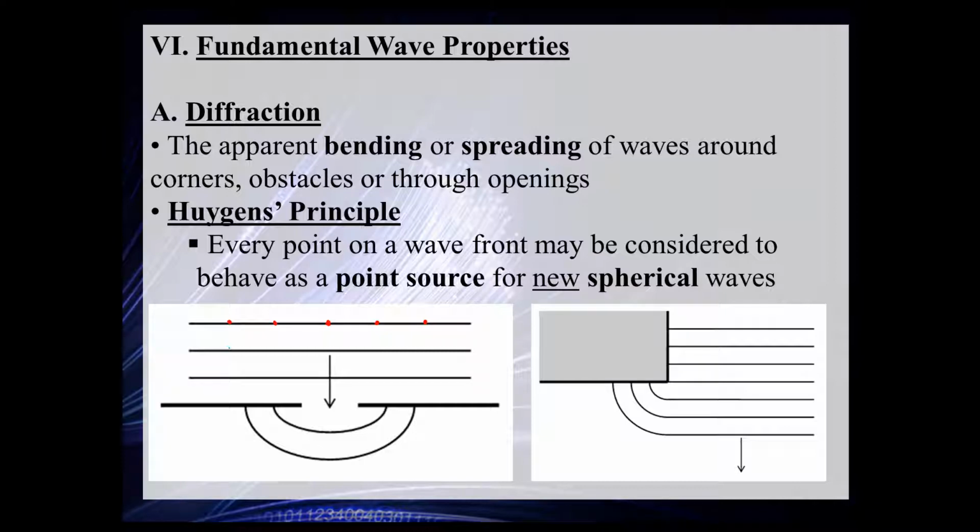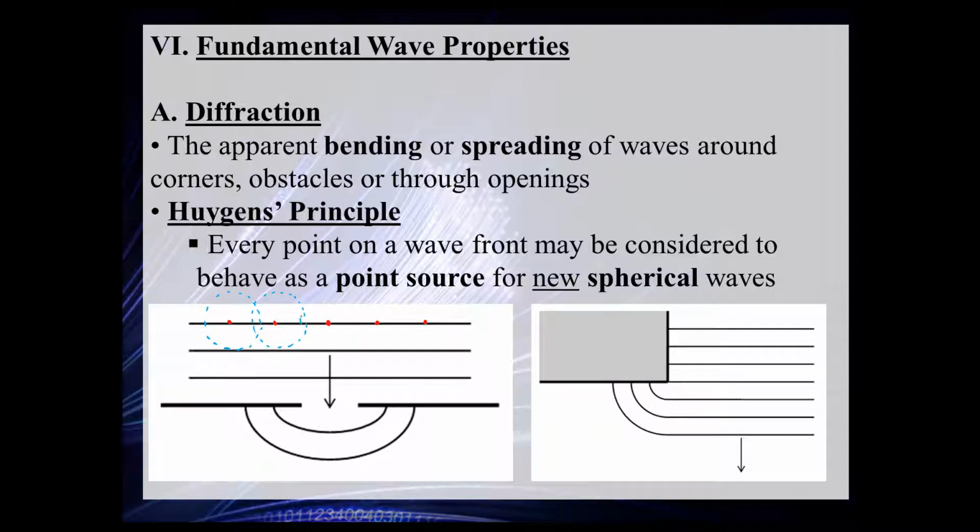So perhaps for this point source, you get a little ripple that looks like this. And then for this point source, each point source being the source of a circular wave, you get this spherical wave.